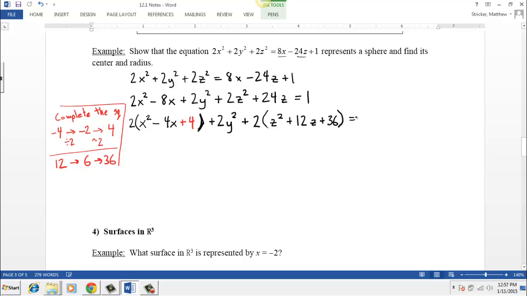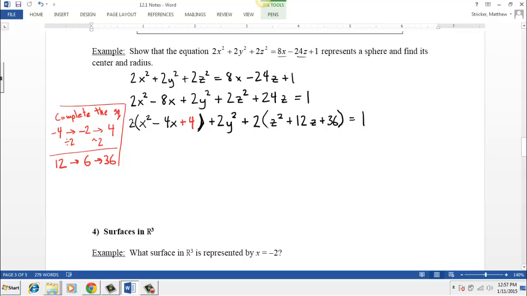Now, one of the things we know about equations is that we can't just arbitrarily add something to one side unless we do what? Unless we also add the same thing to the other side. So here, if I add plus 4, I've got to do something similar to the right hand side to balance out the equation. But I didn't actually add 4 here. How much did I add?